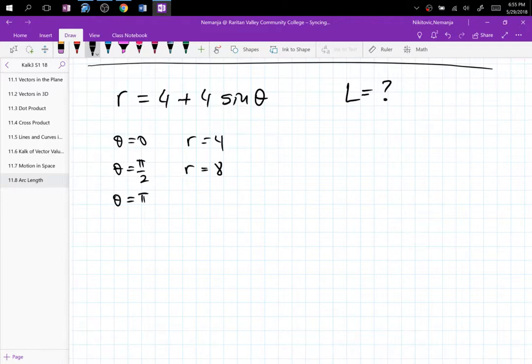Theta equals pi, so I'm getting again 4. Theta equals 3 pi over 2, 0. Theta equals 2 pi, which is going back, r equals 4 again.